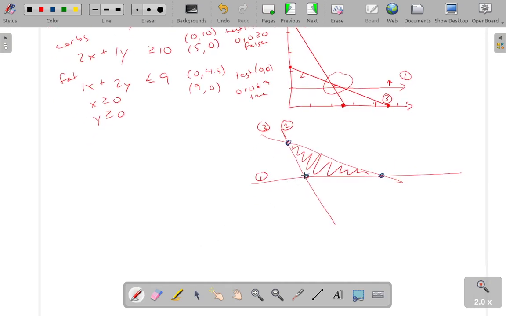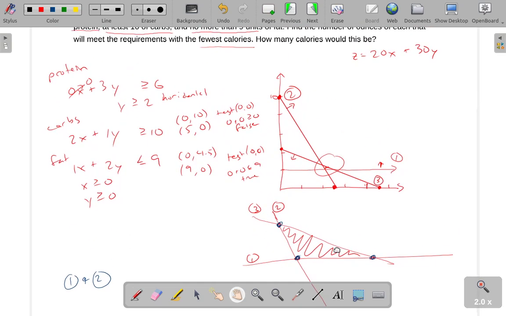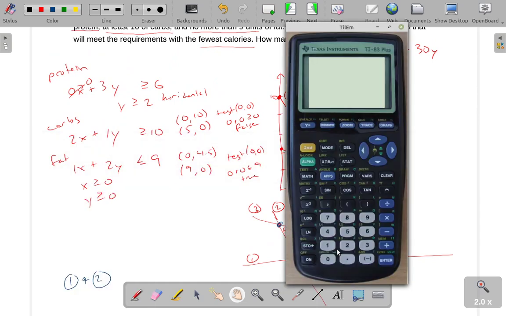So we need to figure out what the coordinates of those 3 corner points are. Right here, we're at the intersection of lines 1 and 2. It looks like I'm going to have to do this the hard way for all 3 of these. So I'll pull up the matrix, and line 1 is 0, 1, 2, just y equals 2.